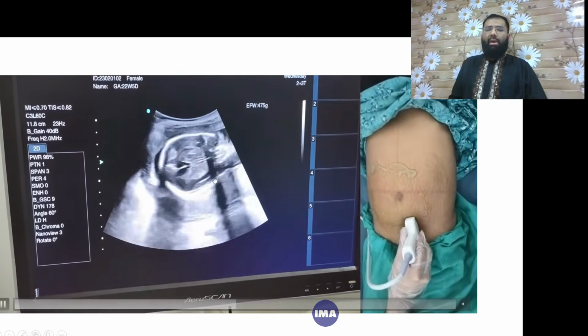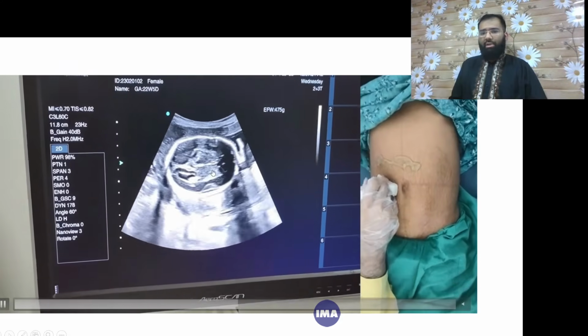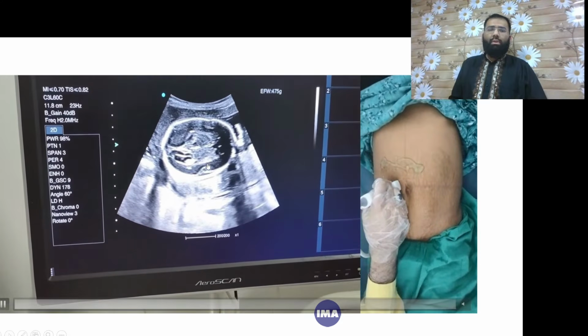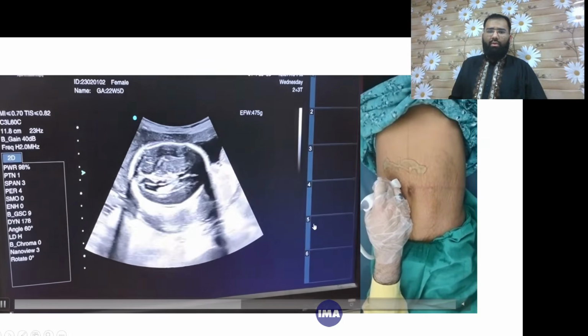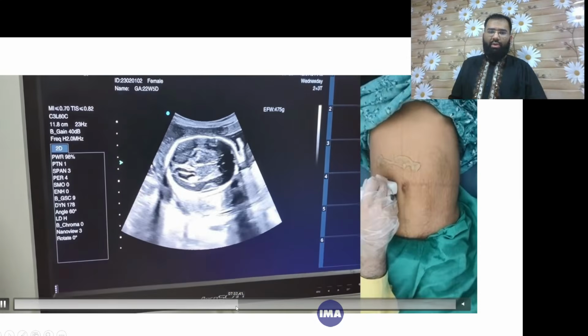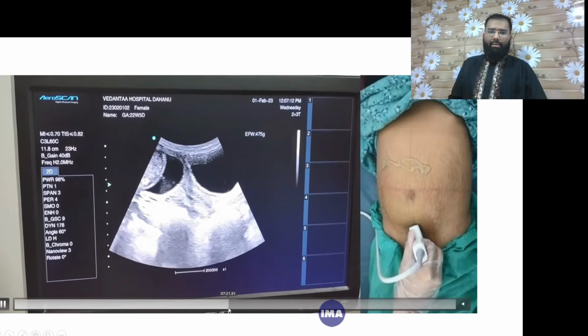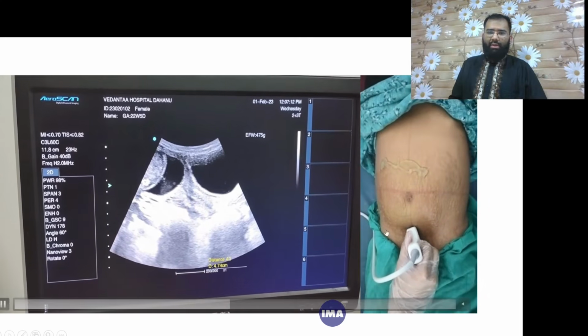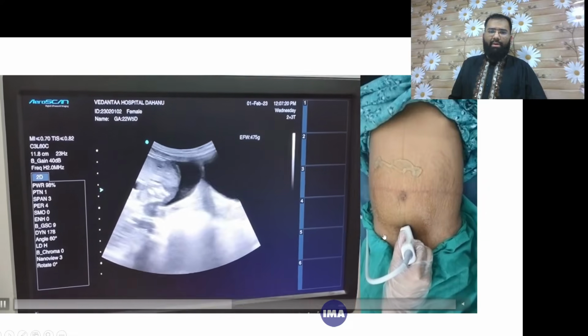And now I am again panning to look for amniotic fluid and to look for the fetus, any other anomalies. Now again I will show you how. First, measurement of the cervix. After measuring the cervix, look how it is being panned.